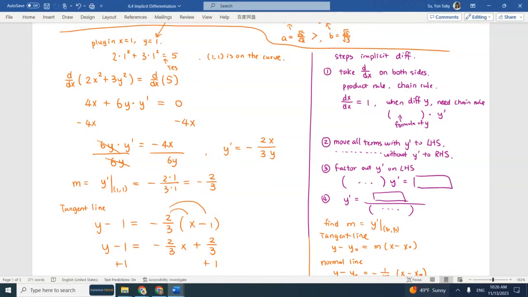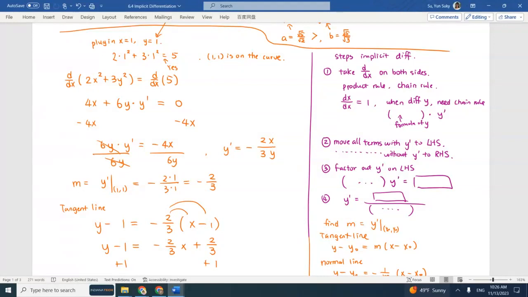Next step, factor out y prime on the left-hand side. Even though our problem looks complicated, the steps are still the same. That's why you want to separate the terms with y prime and without y prime, because all the terms on your left-hand side have a common factor y prime. So you can factor out the y prime.